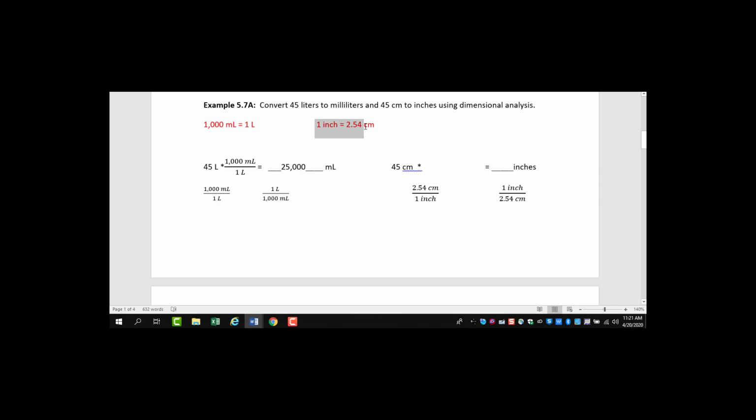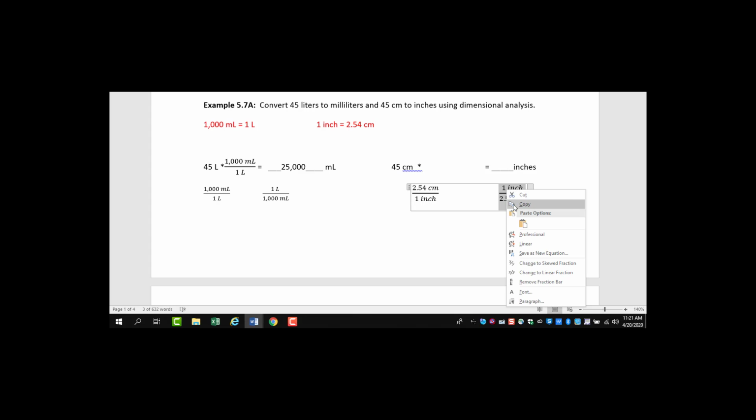Writing the conversion as a fraction, this quantity is equal to this quantity, so this is really a 1. Now it's a matter of, do I use this one here or this one here? You might want to hit pause and think about it. This is the crucial idea that you've got to understand.